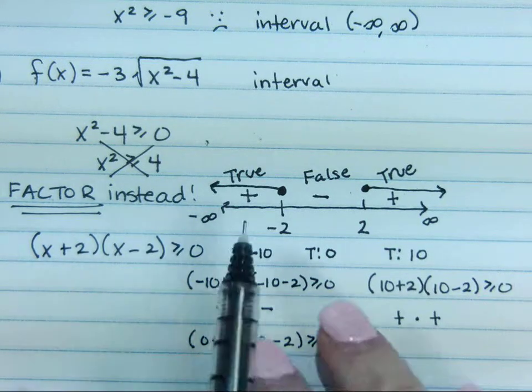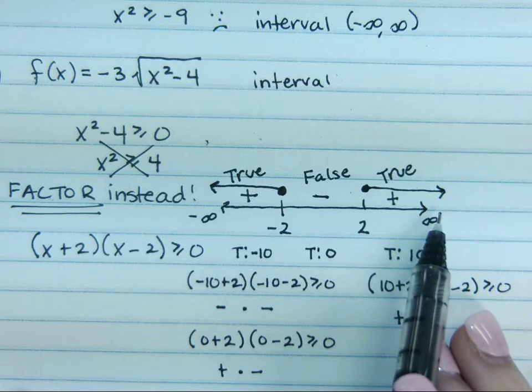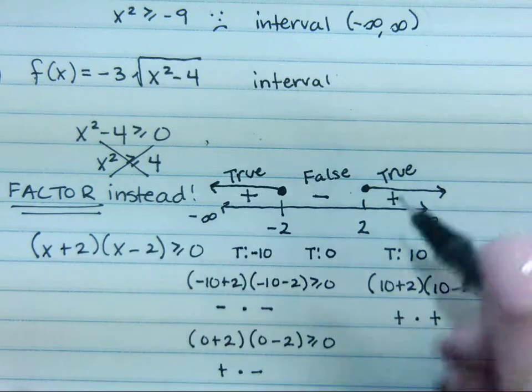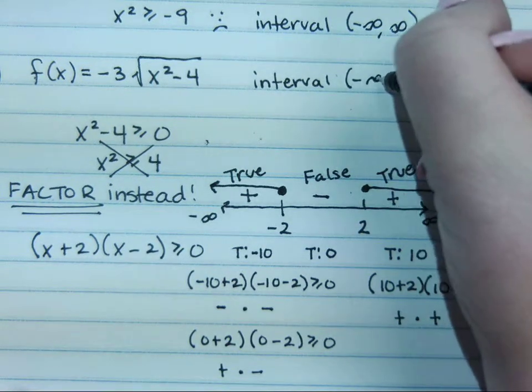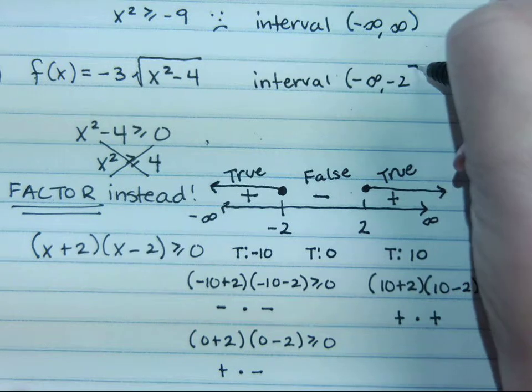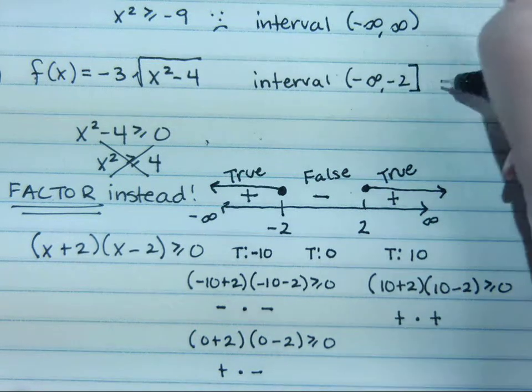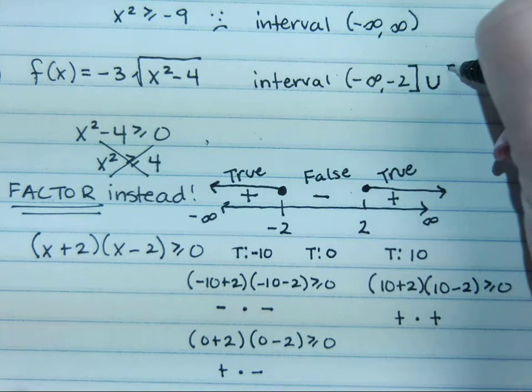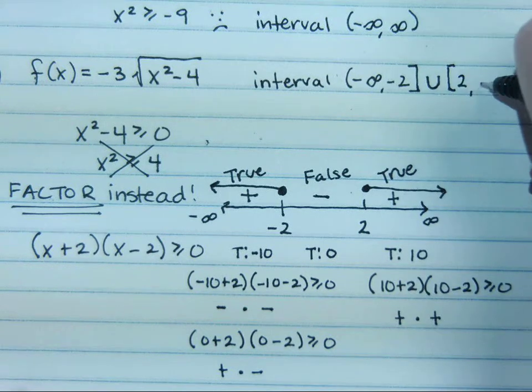And so we always go from the most negative to the most positive. So again, this interval is going to be from negative infinity to negative 2 and gets to include that value. And I'm going to union that starting from 2 to infinity.